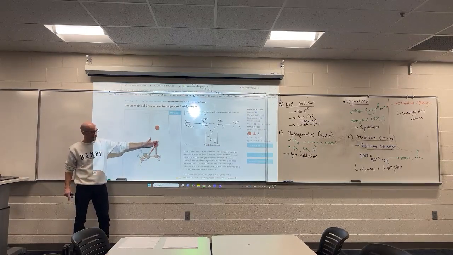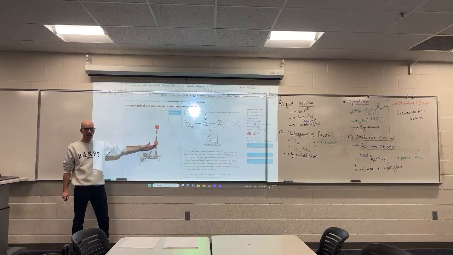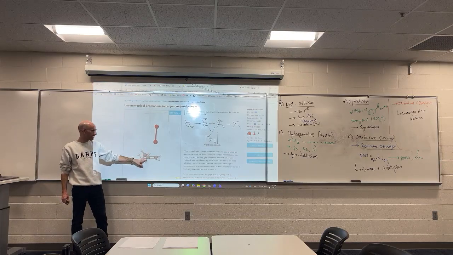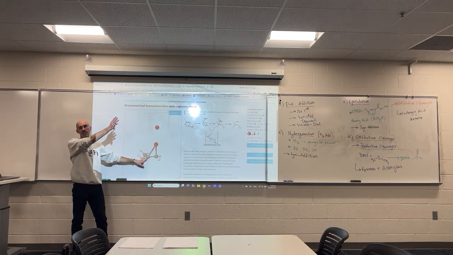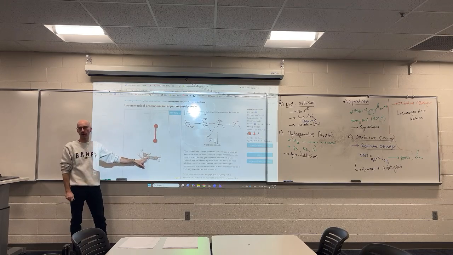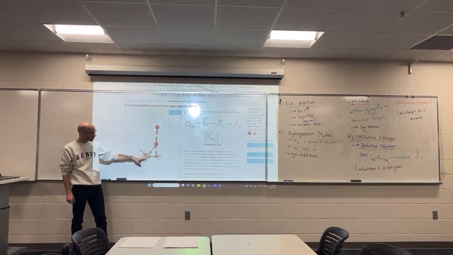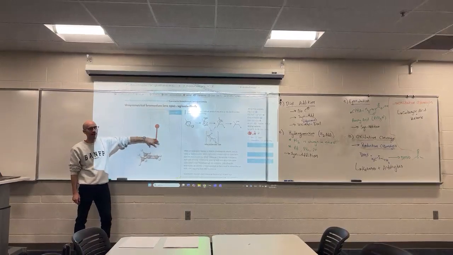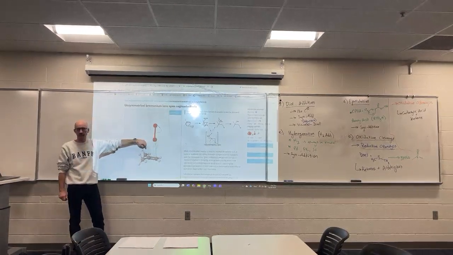It's severely slanted on one side. Why? Well, the carbon that can hold a positive charge better is relinquishing the electrons quicker. This more substituted carbon, it deals with the electrons less. It allows carbon to hold on to them instead.